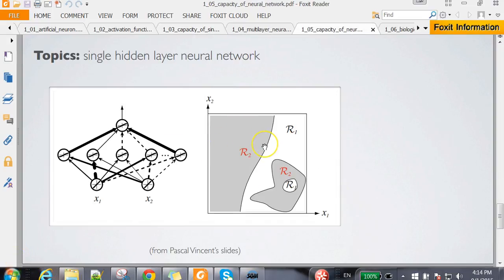For example, if I wanted to model something like this, where, in this white region, if x1 and x2 had inputs like around here, then I'd predict R1. Or if they had inputs around here, I'd predict R1, but otherwise I'd predict R2. I can't model this kind of decision boundary or this kind of classifier with what we've seen so far.